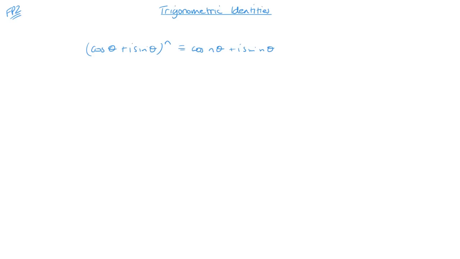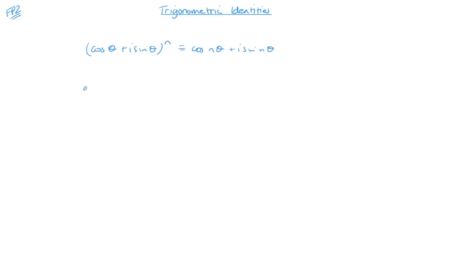And if we want, say, cos 4 theta, cos 5 theta, cos 6 theta, then we're looking at just the real part of this expansion. And if we want sin 6 theta, sin 5 theta, whatever, we want the imaginary part of this expansion.